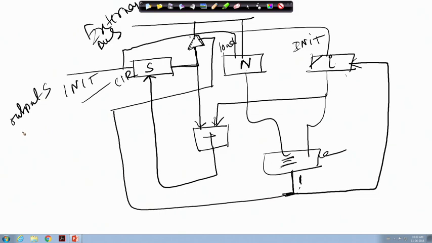Output is S, and initially S is set to 0, and this is one, or sorry, load the values of n.